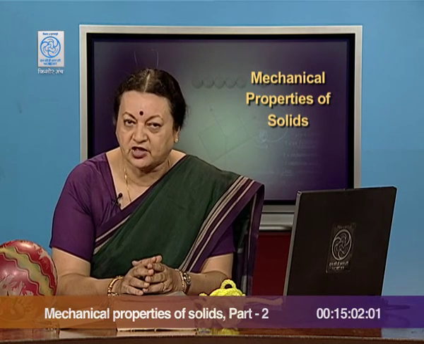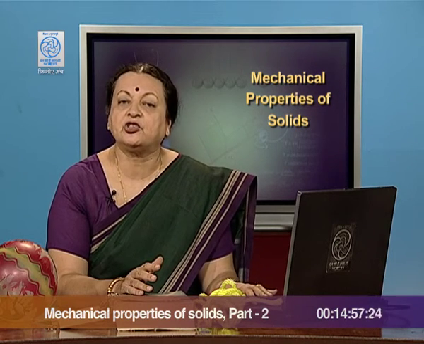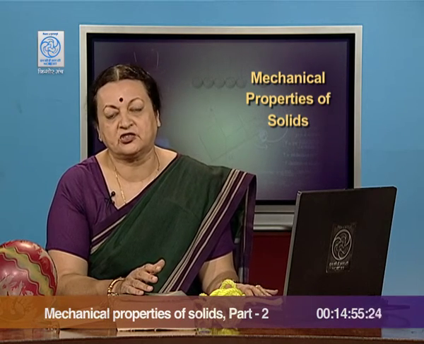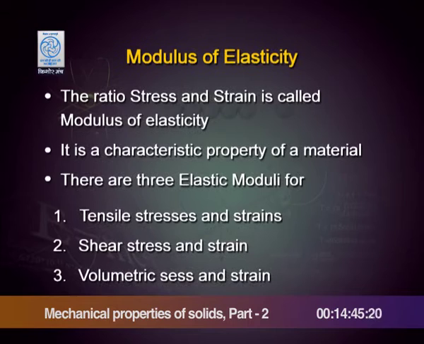Now, we are going to look at the ratio of stress and strain, which according to Hooke's law should be related. We did a graph for that in our previous episode, and we are going to now describe the modulus of elasticity.